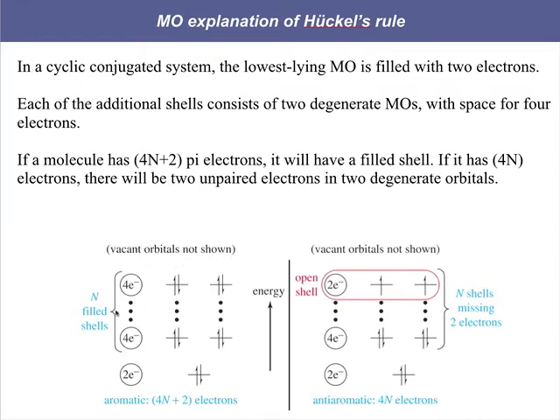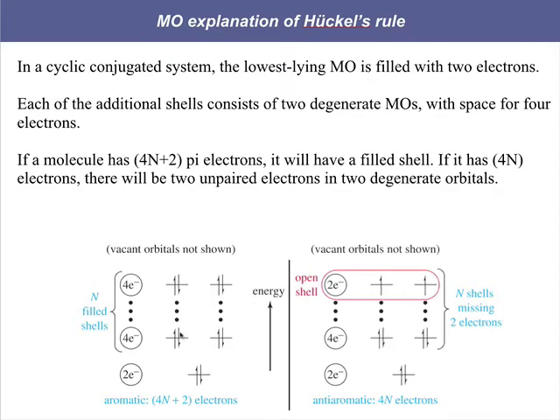So if we have 4n plus 2, the 4n are always going to be paired up in these degenerate orbitals. The plus 2 are always going to fill into the bottom orbital. So mathematically, if you're doing the accounting, the 2 are on the bottom, and 4n will always fill up the degenerate orbitals.